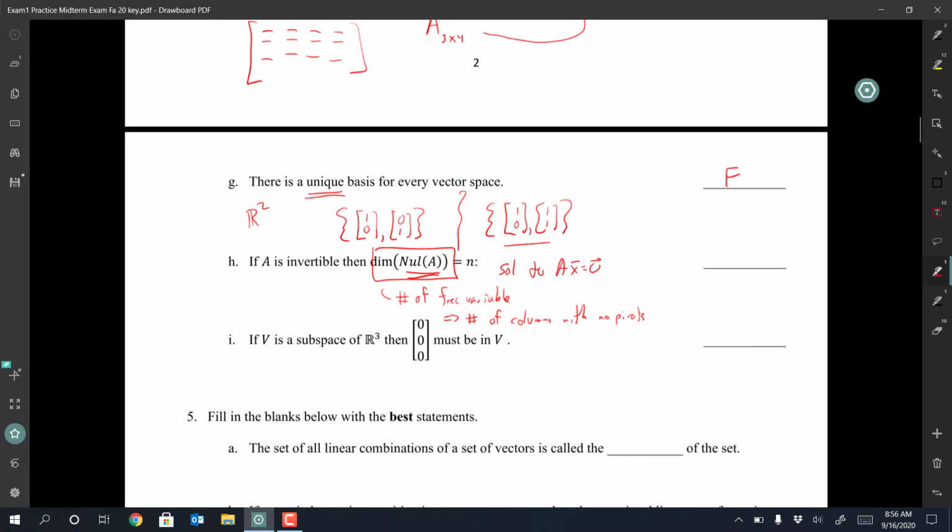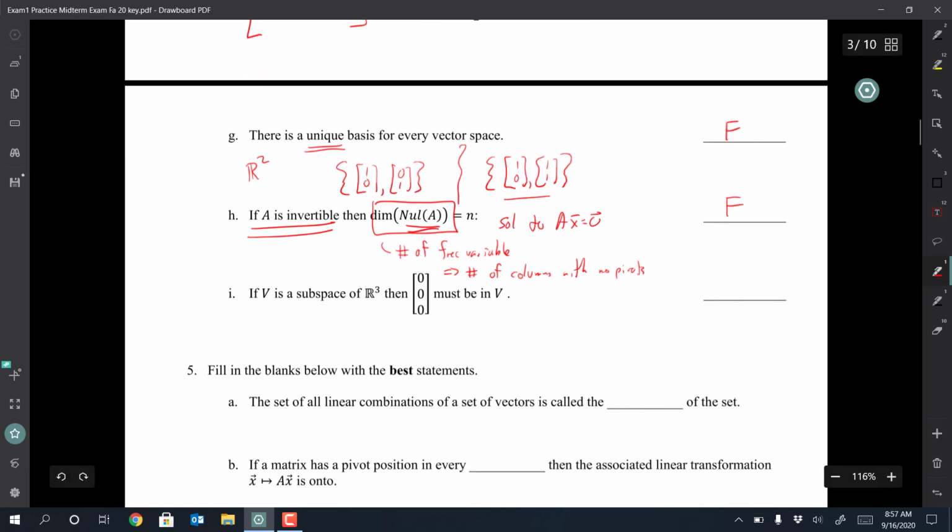If the dimension of the null space was n, that would mean none of the columns would have pivots, but to be invertible, there has to be a pivot in every row and every column. So this would definitely be false. It turns out if this was the dimension of the column space, and the dimension of the column space was n, then A would have to be invertible. So the problem here is it's the dimension of the null space, not column space.